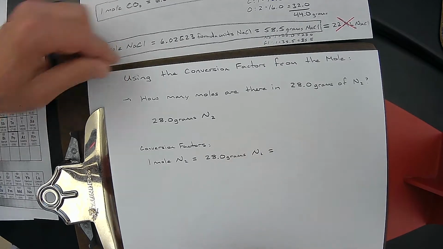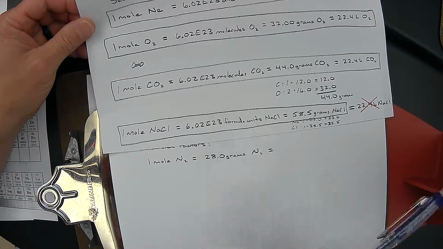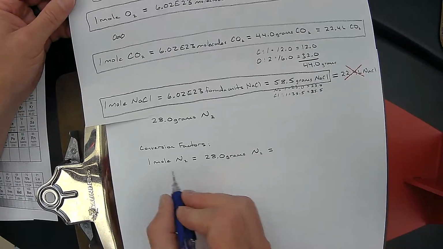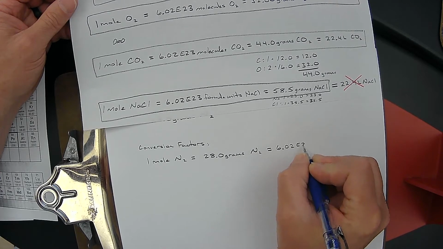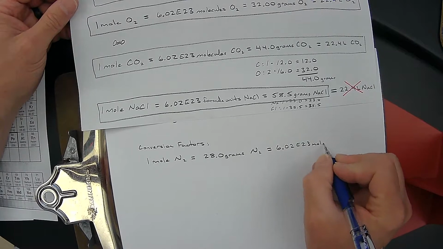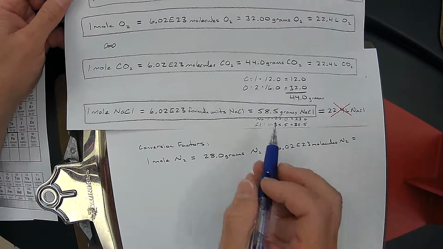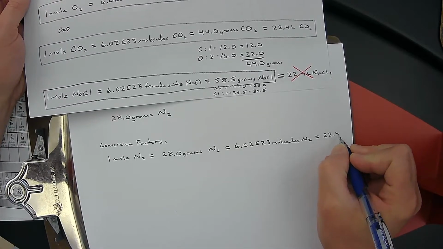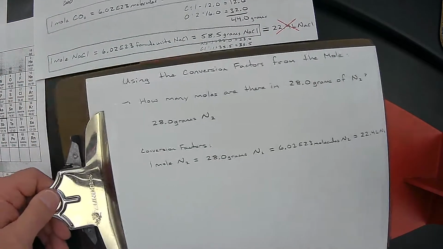We also know, and actually I put this out of order, I should have put this one first, but it doesn't matter, they're all equal, so I'm just switching these two. 1 mole is also equal to 6.02 e to the 23rd, and these are going to be called molecules of N2. And because N2 is a gas, we're going to put 22.4 liters of N2. So these are my 4 conversion factors.